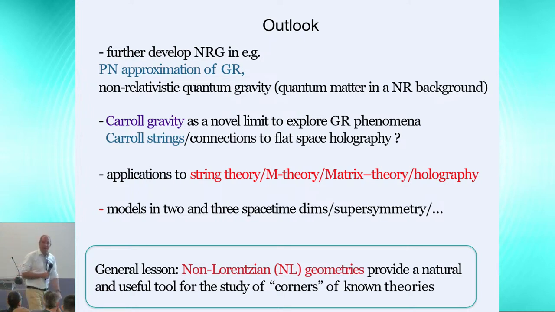I hope to have made clear that there is some kind of general lesson: non-Lorentzian geometries, even though they sound maybe a little esoteric, are actually quite a natural tool for the study of corners of known relativistic theories. Thanks.